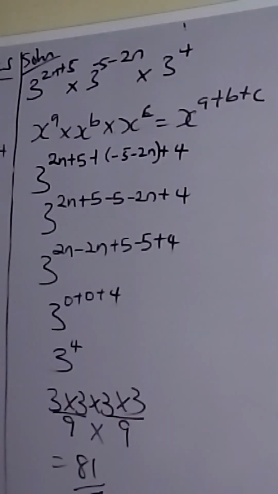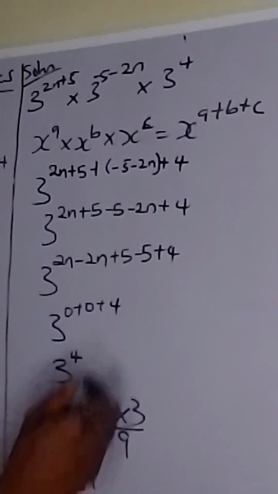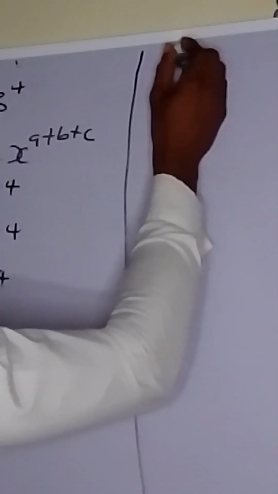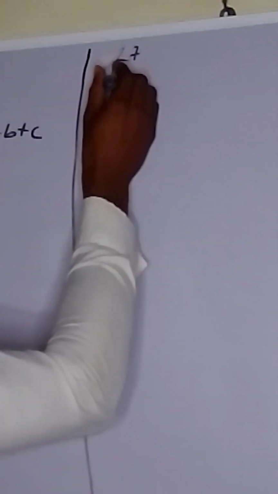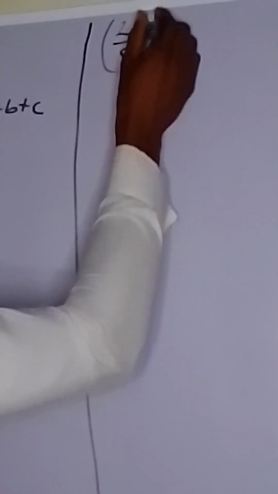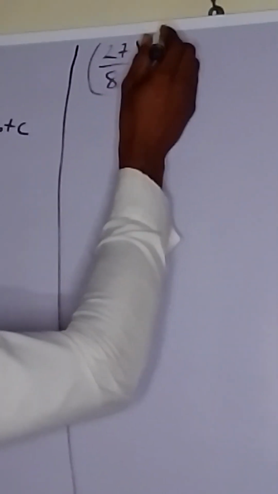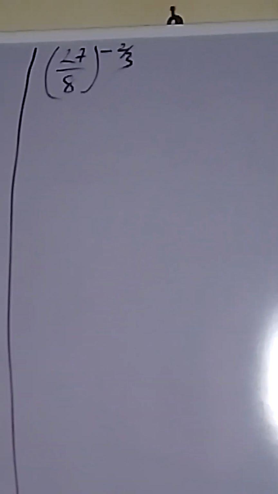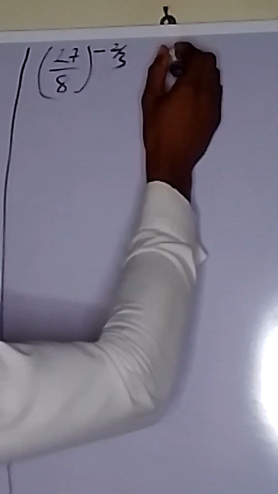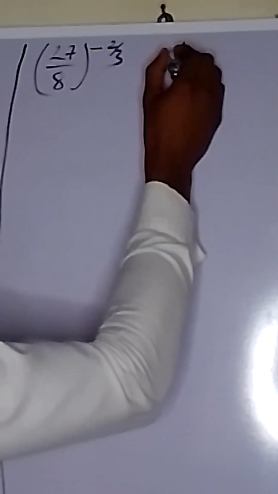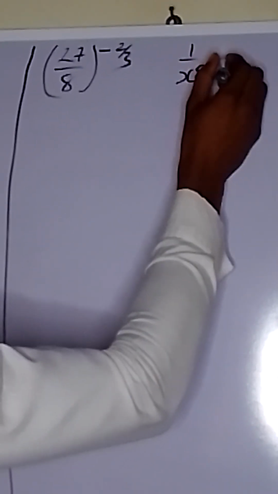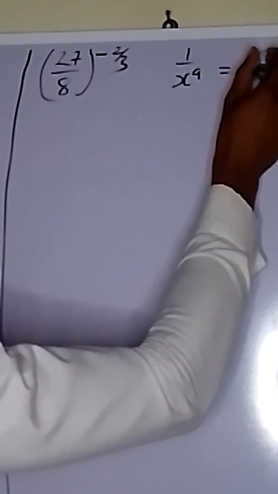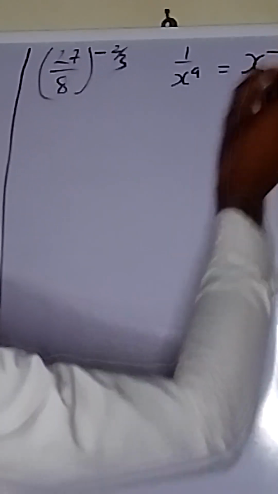We go to the second one, which is 27 over 8 all raised to the power minus 2 over 3. So here we recall the law of indices that says 1 over x raised to the power a is equal to x raised to the power minus a.